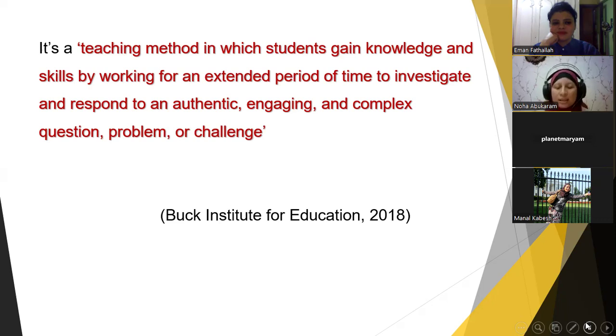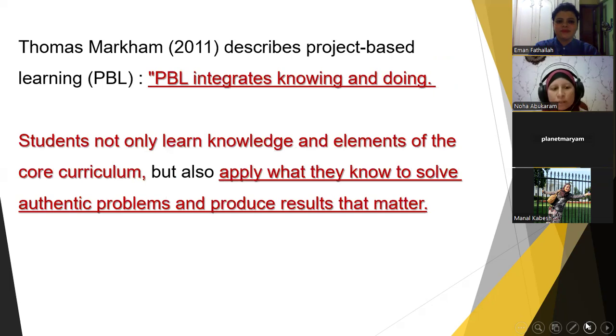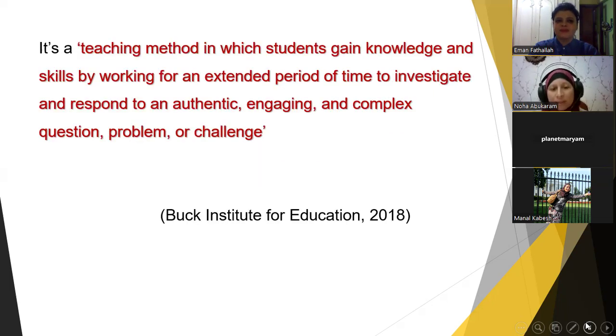In these two definitions, I want you to pay attention to the word authentic. Here we have the word authentic problem. Again, it's repeated here, authentic, because this is a major key word when it comes to project-based learning, and we're going to understand why.